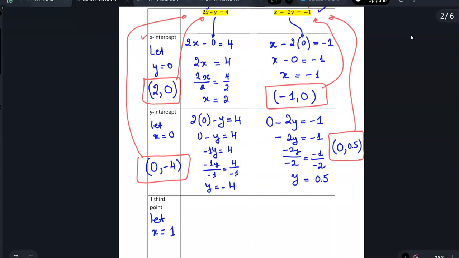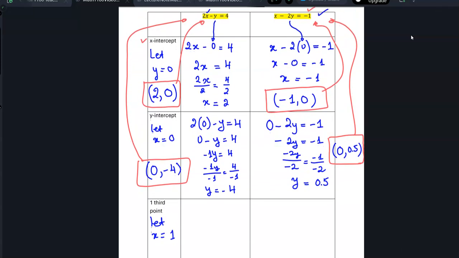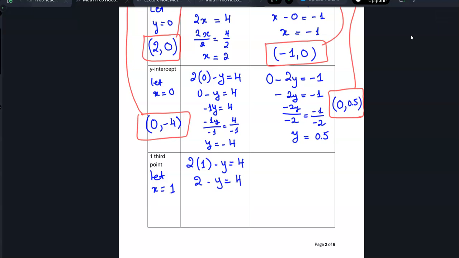So I'm going to substitute x equal to 1 into the first equation. So it's 2 times 1 minus y equal to 4. So 2 minus y equal to 4. I'm going to solve for y in here. So minus y equal to 4 minus 2.